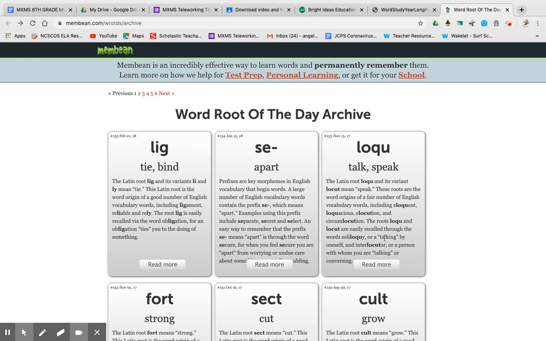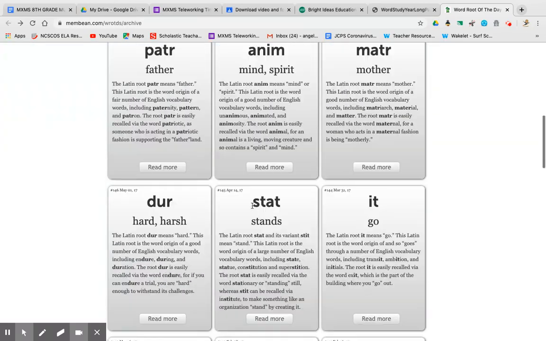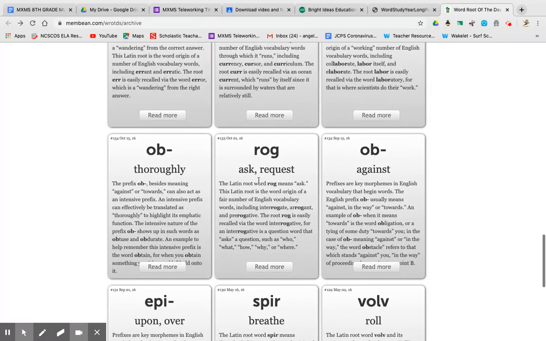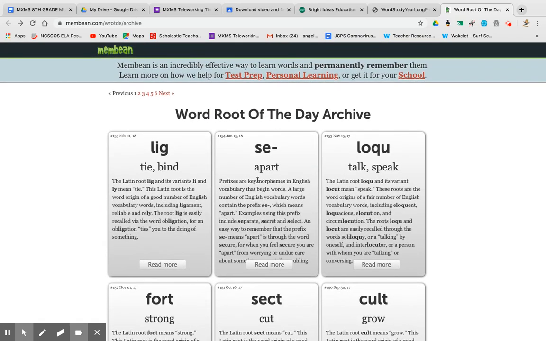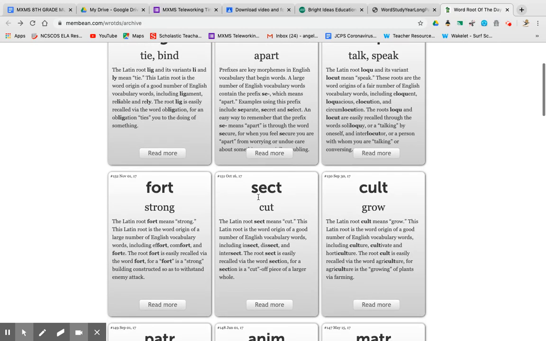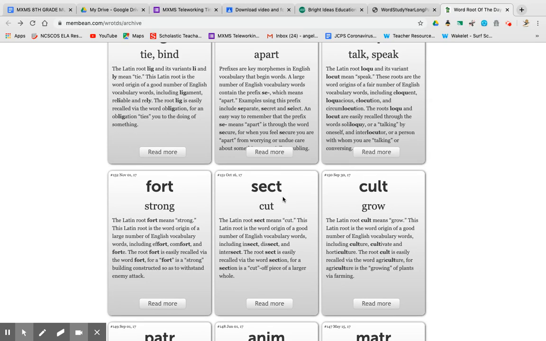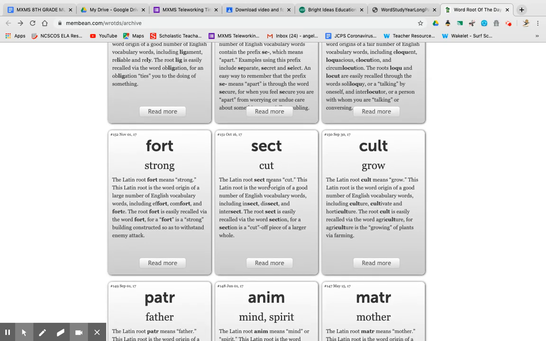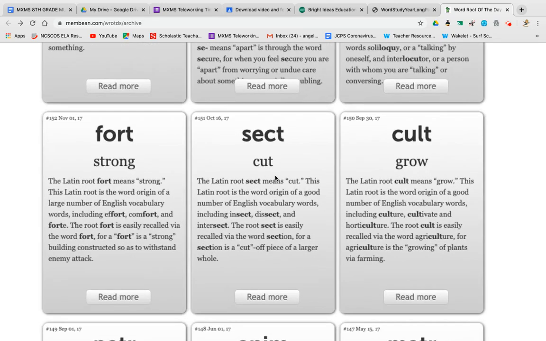A particular resource that I am going to give you access to gives you access to hundreds and hundreds of root words that exist in the English vocabulary. If I were to click on sect, S-E-C-T, you see that this Latin root word means cut, right?